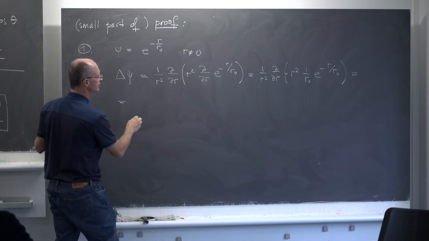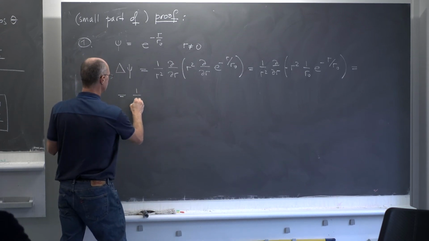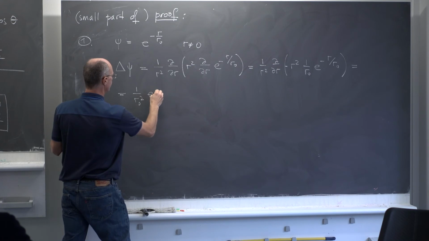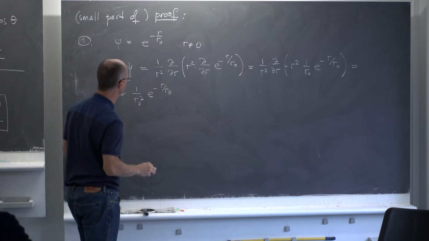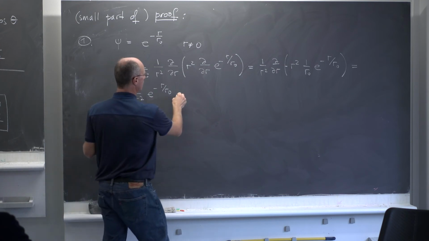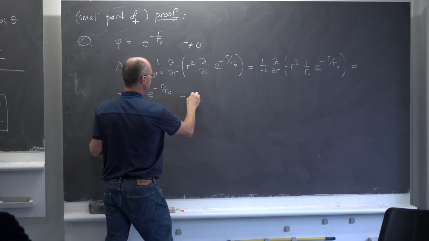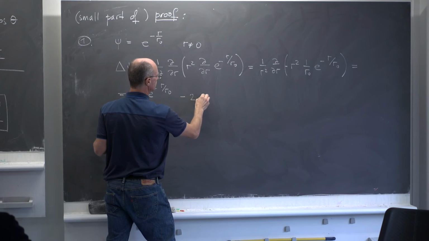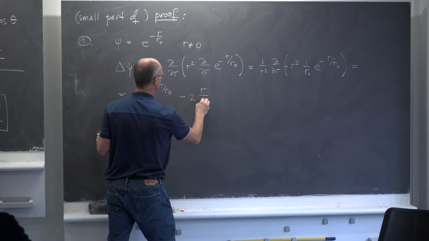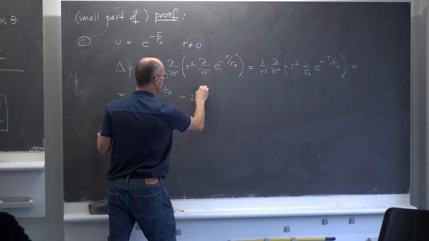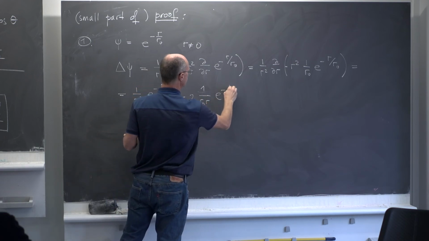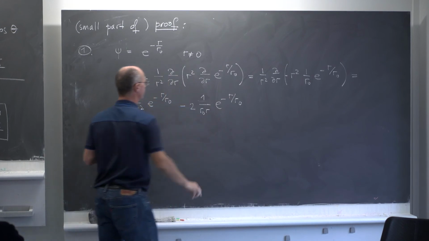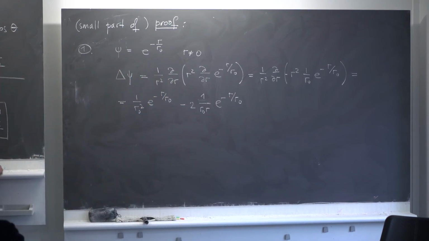It gives, in the end, 1 over r0 squared exponential minus r over r0, minus 2 over r0 r exponential minus r over r0. Is it right?